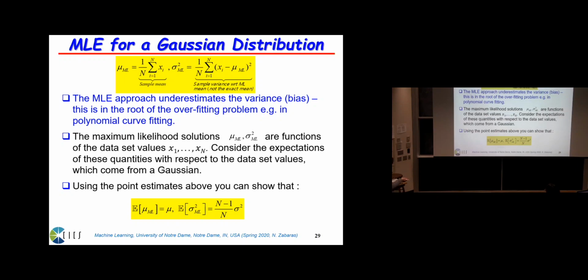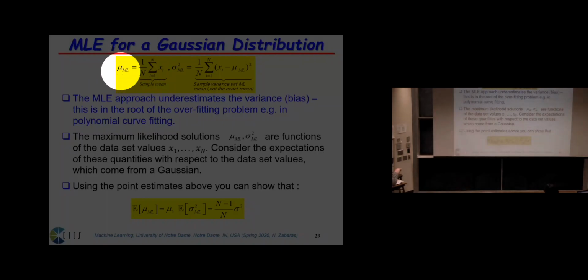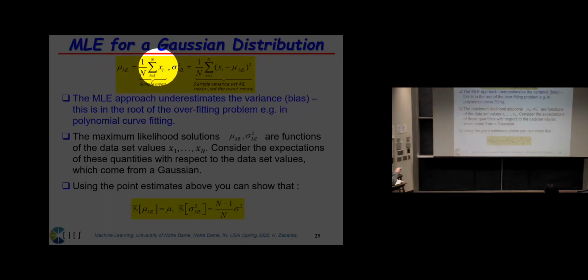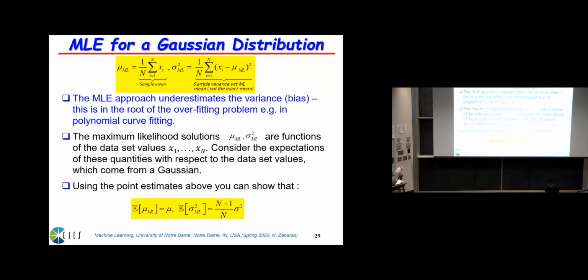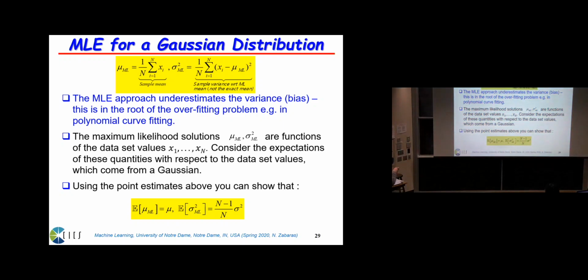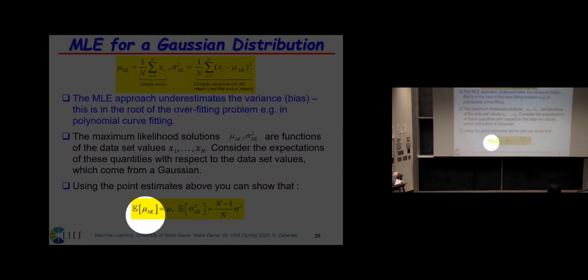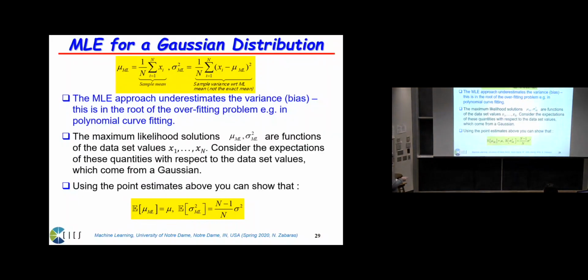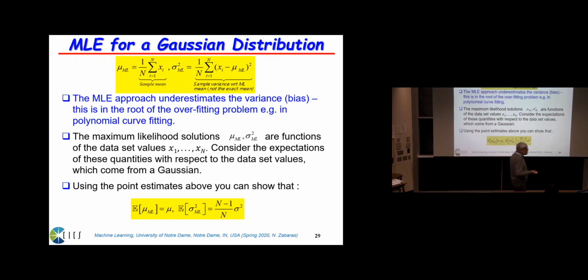Those are the exact mean and variance. So if I take the expectation of this, what's the expectation of xi? It's mu. So basically you will see immediately that the expectation of the MLE estimate of the mean is mu, and this is what we call in statistics an unbiased estimate. So its mean is actually the true mean. It's an unbiased estimate.